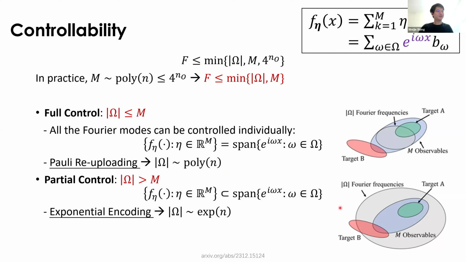Basically, when you choose exponential encoding, you will extend this gray area indicating the space spanned by these Fourier modes. So probably for some targets, you can expect some potential quantum advantage, but we don't know yet. We don't know which are those targets.